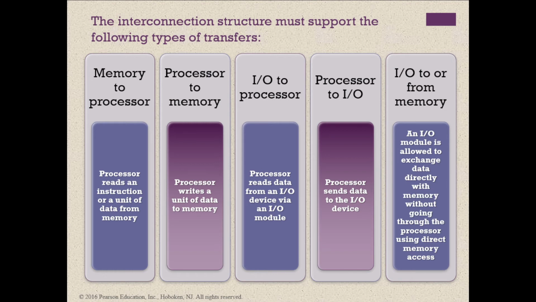Over the years, a number of interconnection structures have been tried. By far, the most common are the bus and various multiple-bus structures, and second, point-to-point interconnection structures with packetized data transfer. We devote the remainder of this chapter to a discussion of these structures.